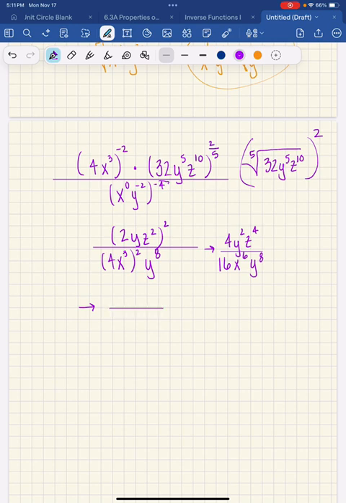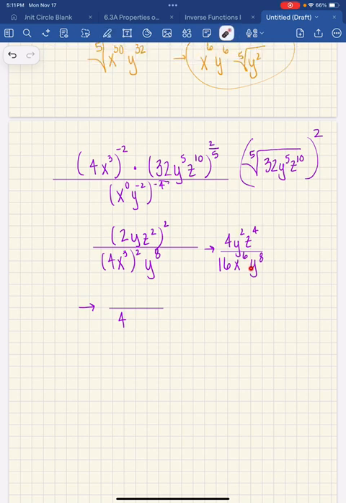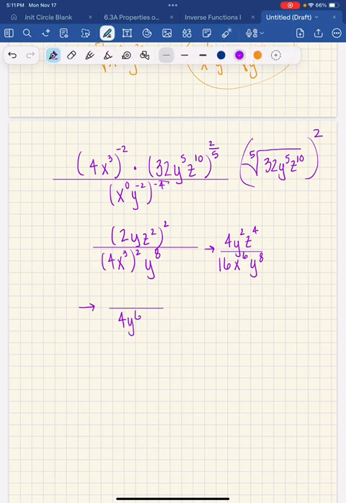If you give me a decimal, please do not give me a heart attack. y squared over y to the 8th is y to the 6th in the denominator. No other z's, so it's going to be z to the 4th in the numerator, x to the 6th in the denominator.